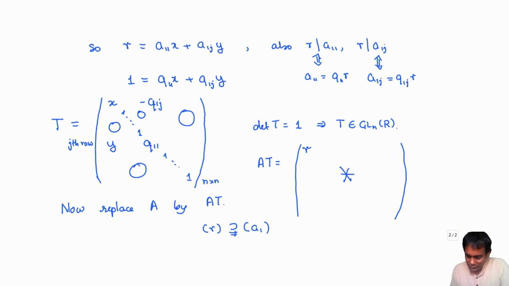But the result is not exactly the same. Earlier we found r such that d(r) is strictly less than d(A11). But here we are just finding r such that the ideal generated by r is strictly larger than the ideal generated by A11. So one more modification is needed.